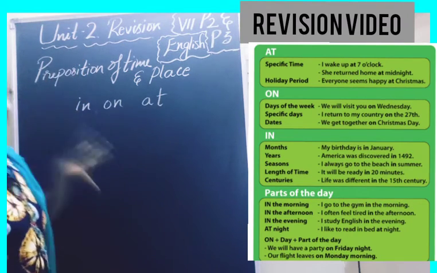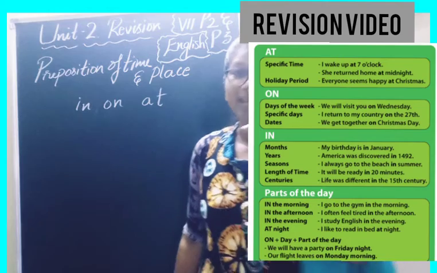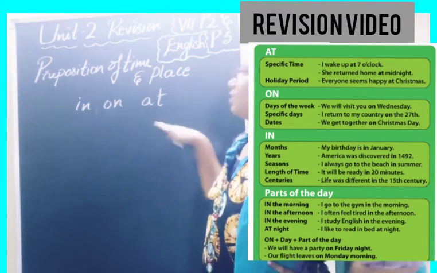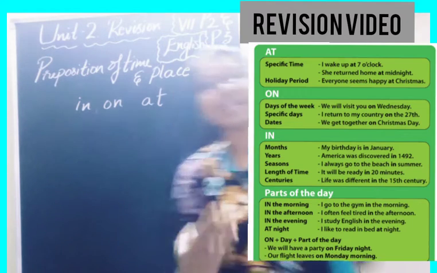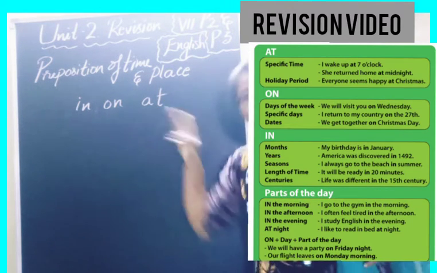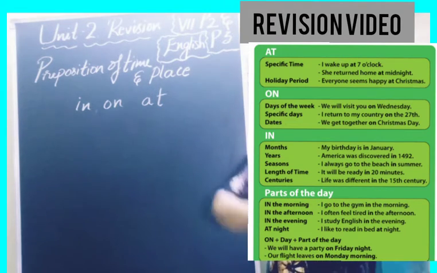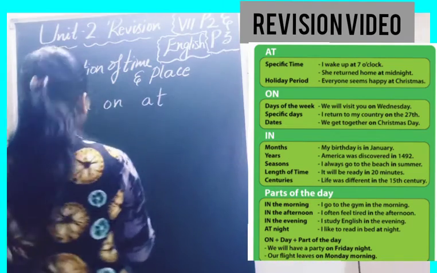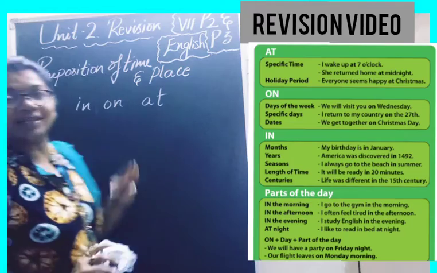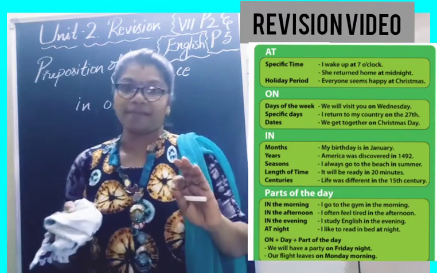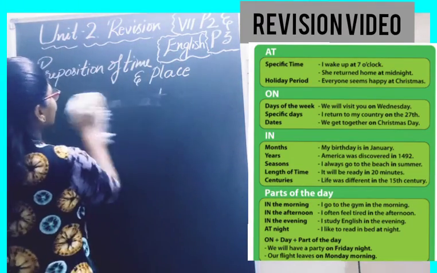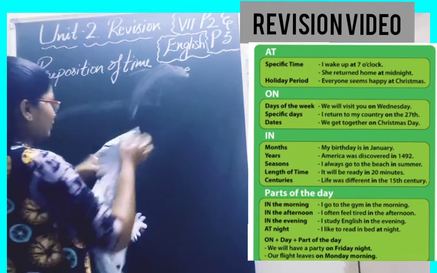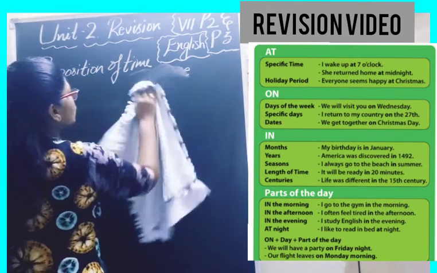While expressing time, we are using these, and while expressing placement also, we are using these 3 prepositions. Now let us learn first. I don't want to confuse you by discussing all at a time. Let's go with the preposition of time first.